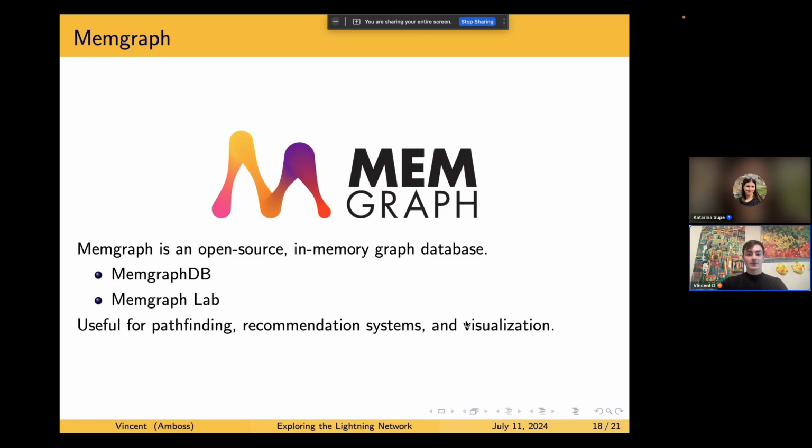So any graph database that can't do that is a non-starter, and we really can't compete against existing implementations. So in the end, we chose Memgraph because it's in memory, and for that reason, it's a lot faster. And we see ourselves using it more in the future for node operating decisions and some visualization.